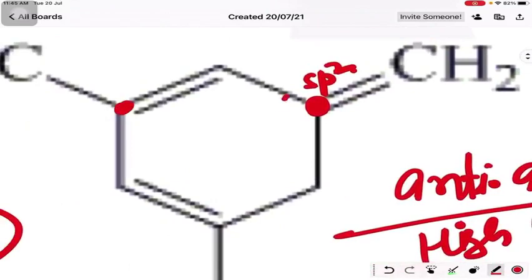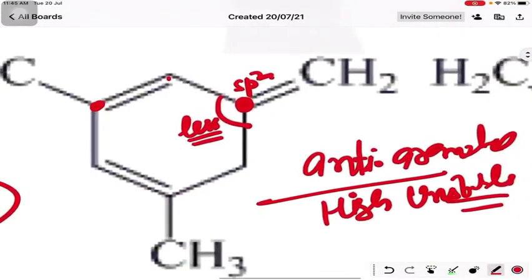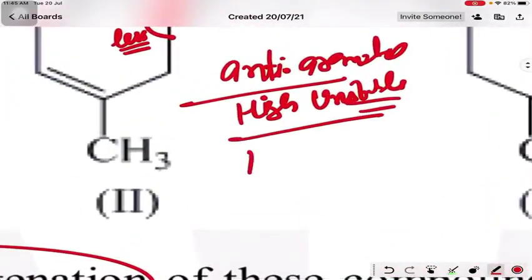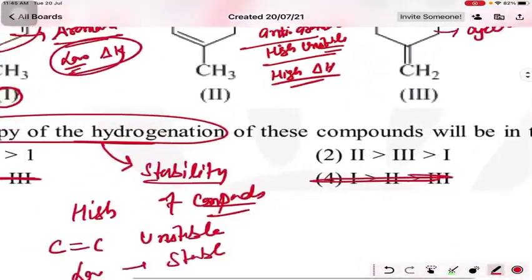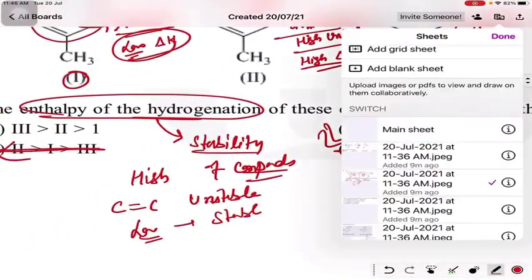So because of this bond angle, we can find the angle. This angle is less due to the cyclic structure. As a result, it has strain, and that's why it is less stable. If it is less stable, it means it has high enthalpy of hydrogenation. It will have the highest value. 2 should be at the very beginning, so option number 2 is correct.